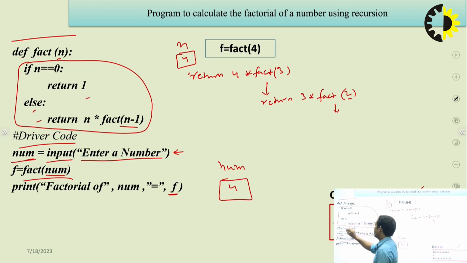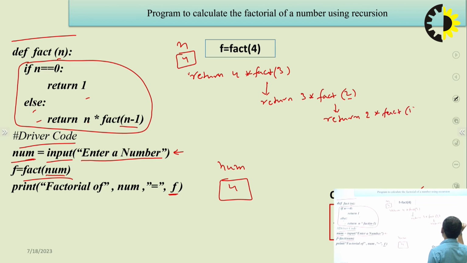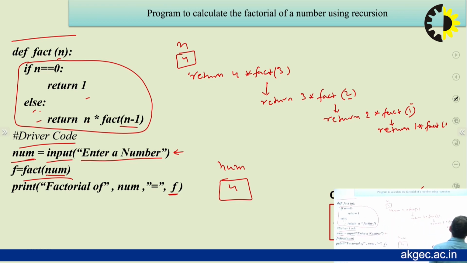The else part again: return 2 into fact(1), now n is 1. For n is 1, the else part will execute: return 1 into fact(0).